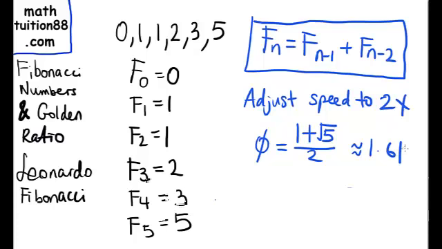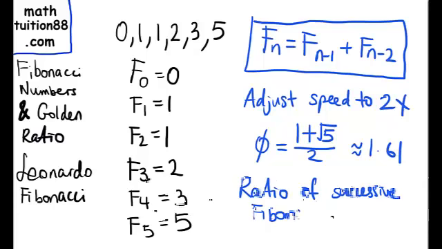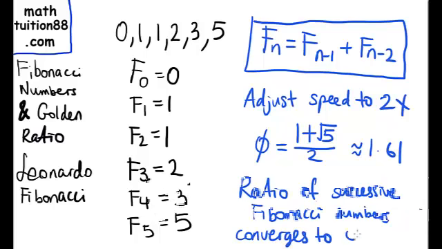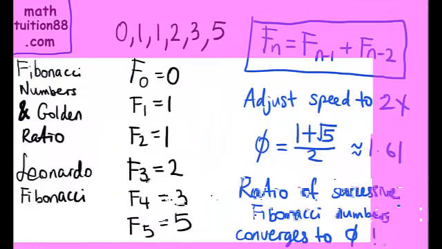We will actually show that the ratio of successive Fibonacci numbers converges to the golden ratio. The first person to actually observe this is Kepler, the famous mathematician and astronomer.